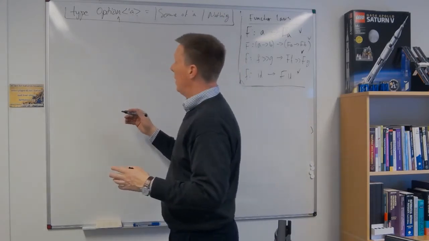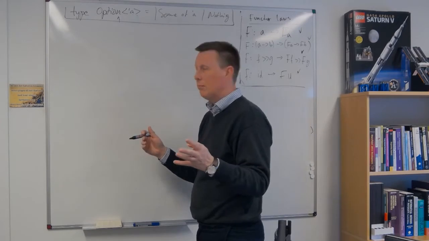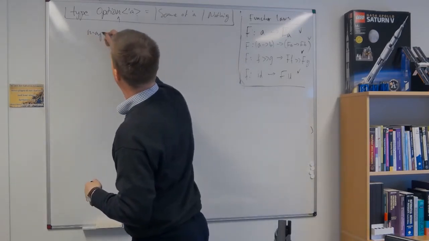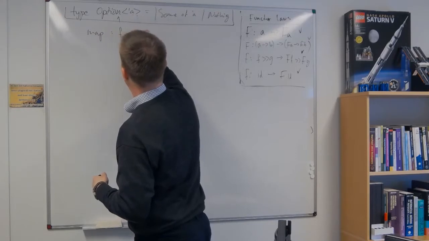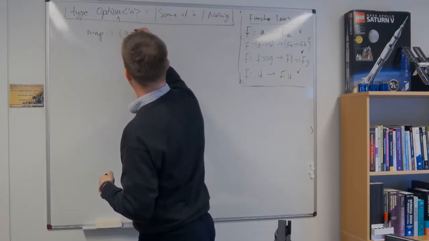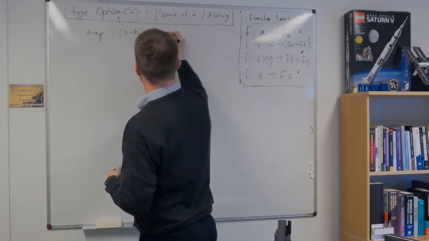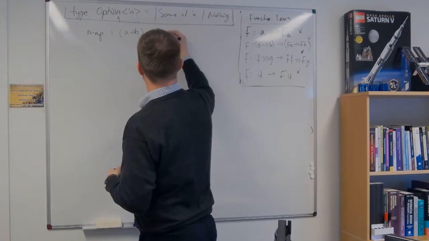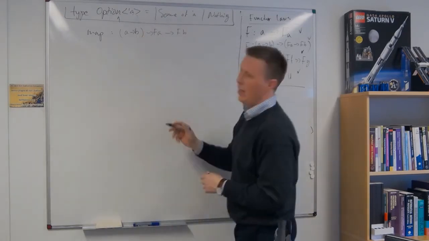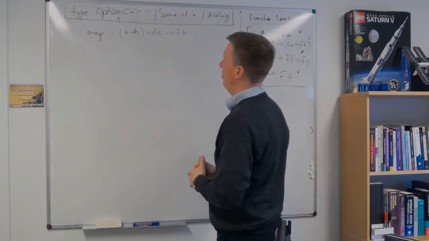Now, with functors, that works really nicely when we have just one argument. So I have a map which takes an f, which is an a to a b, and then it takes an a and it takes a f a and f b, where f can be a list or an option or whatever.